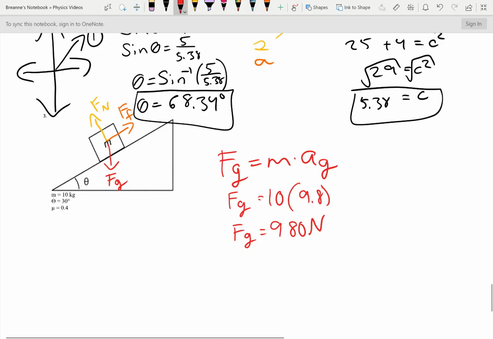Now we have to assess how we want to change our frame of reference. Makes our life a whole lot easier if we change x to go with the surface of the plane, and we change y to go up and down with the surface of the plane. So basically you're just tilting your head, you're tilting your paper, anything like that.